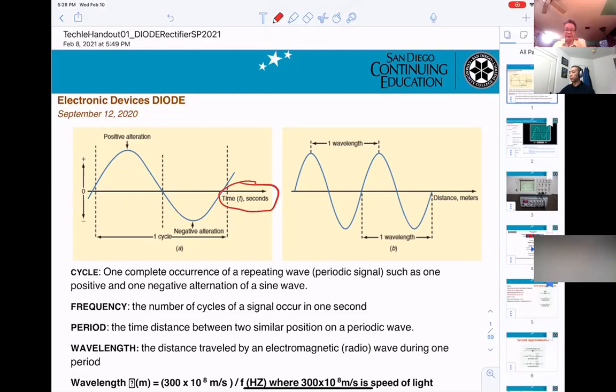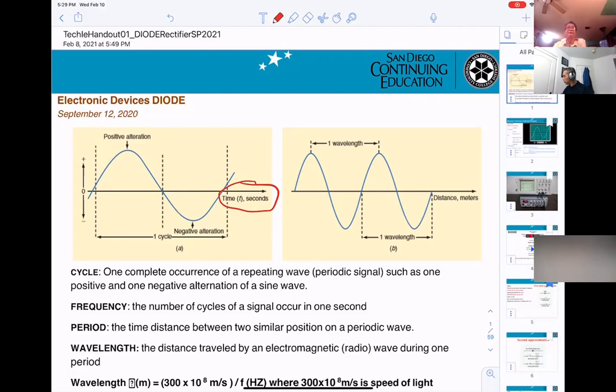And the positive, we call a positive alternation, and also the negative alternation. Try to make sure you know the definitions. What is the cycle? One complete occurrence of a repeating wave, a periodic signal, such as one positive and one negative alternation of the sine wave.